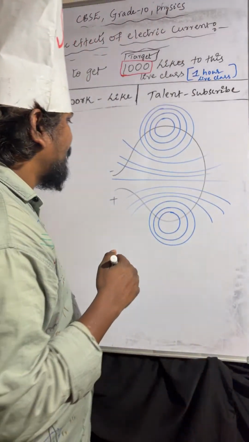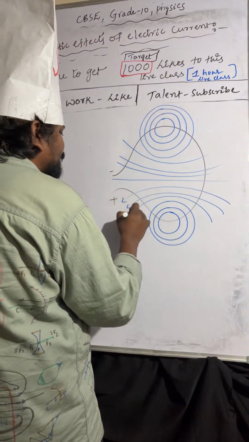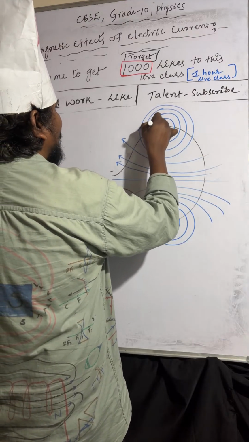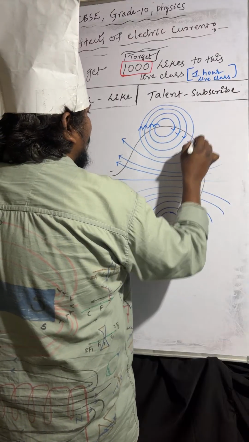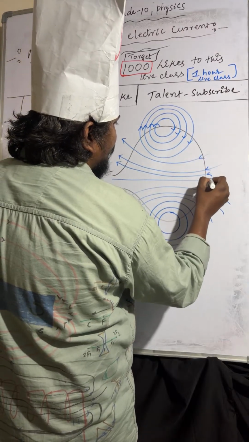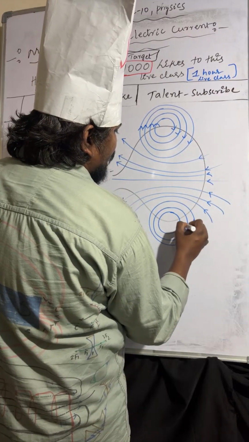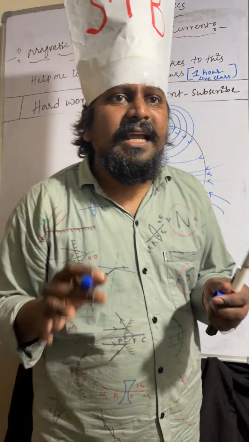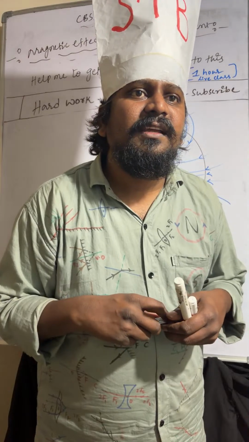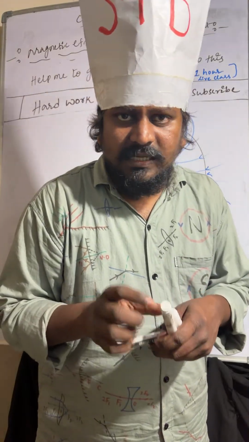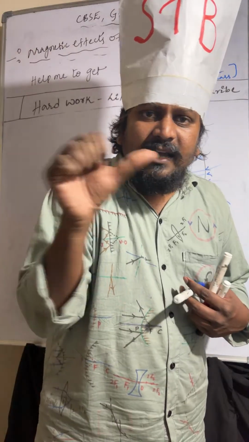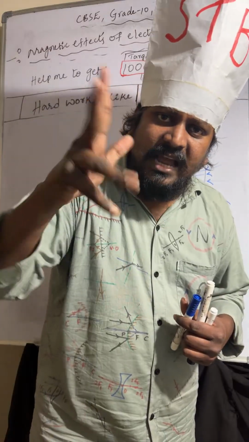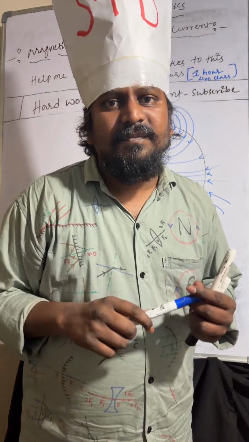Here you can see, by using the right hand thumb rule, we can identify the magnetic field direction. If along the current carrying conductor you place the thumb, the curly, wrapping fingers represent the magnetic field.